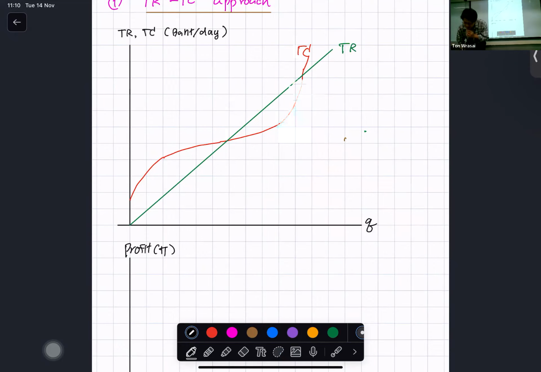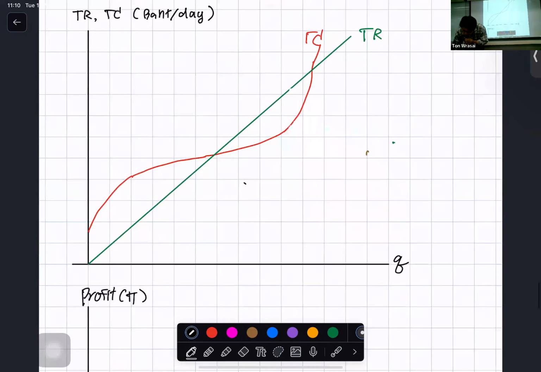Okay, let's start. First, cross out two places. Okay, project the line down.